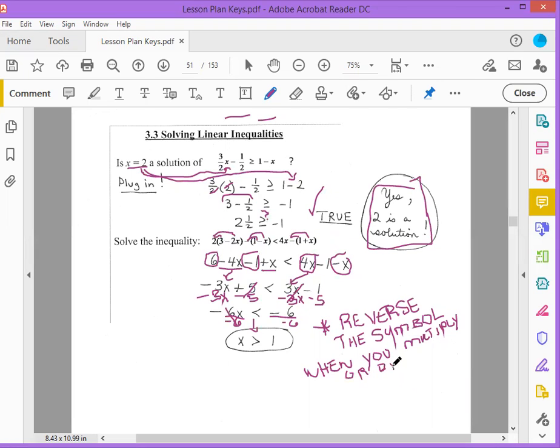And this only applies when you're working with inequalities. All right, so we're going to reverse our inequality symbol whenever we multiply or divide by a negative number.